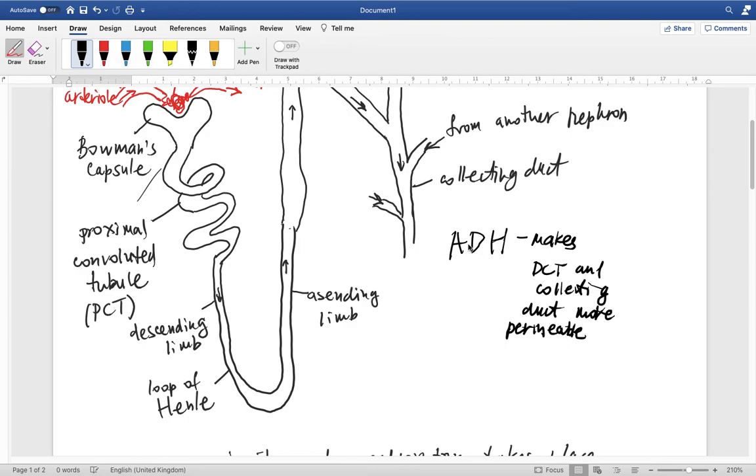Okay, so knowing that information, if you drank a lot of water recently, do you want more ADH or less ADH? And on the other hand, if you haven't drunk for a while and you're thirsty, how much ADH do you want in that particular scenario? I want you to have a think about it.